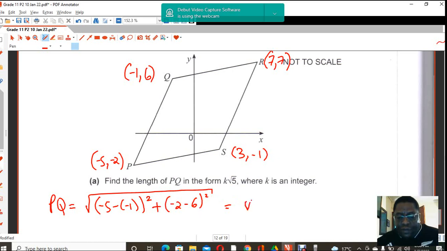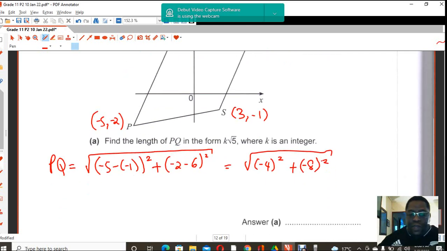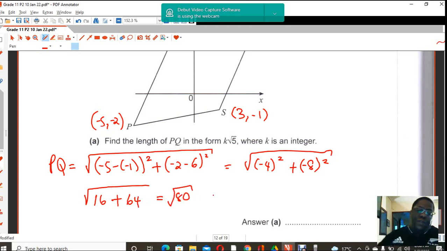Well, that is going to give you -5 plus 1 is -4, plus -8, squared. Okay, so go ahead, that cleans up nicely to 16 plus 64, which gives me the root of 80.